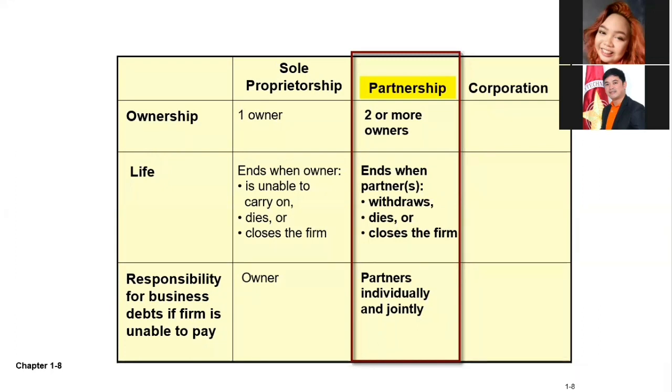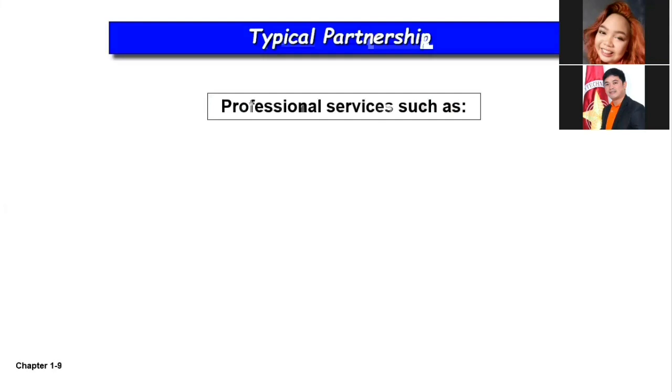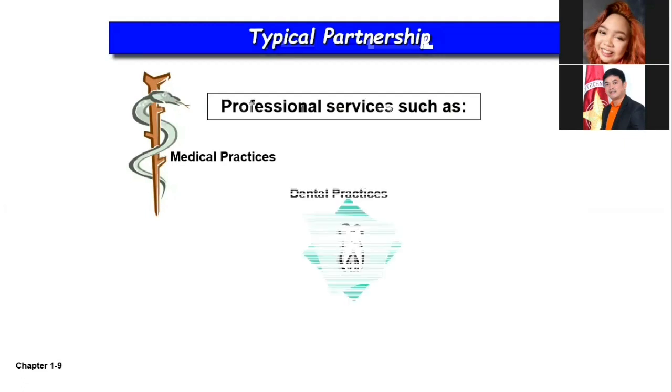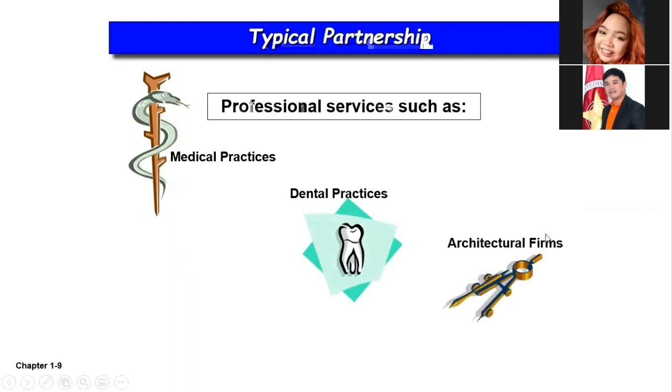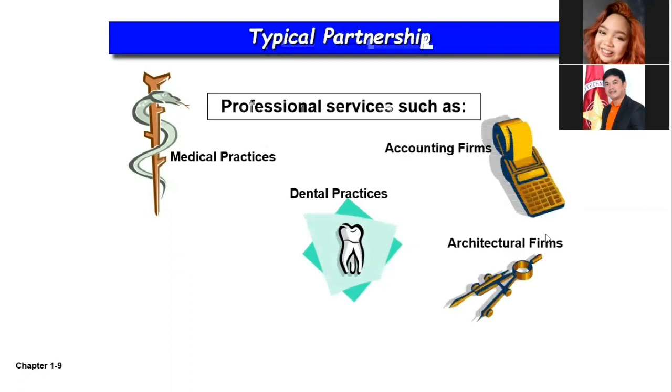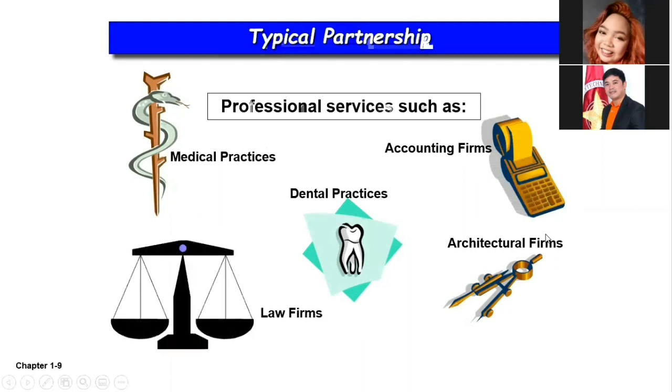Okay? So sa ang mga partnership naman na typical that we have, we have the medical practices, we also have the dental practices, may mga architectural firms, may mga accounting firms, syempre wag na tayo lumayo, and also law firms. Okay, some professional services na typically ang form ng organization niya ay partnership.